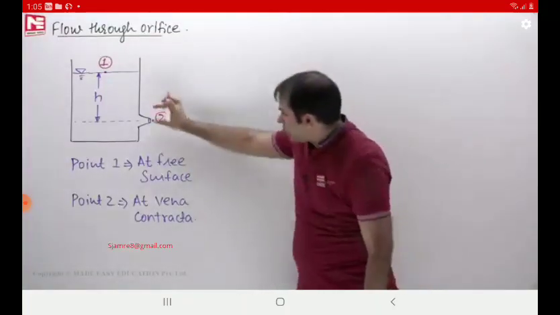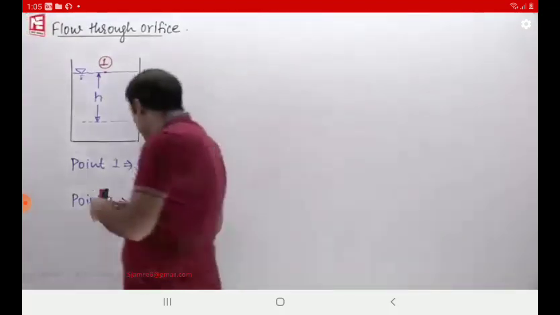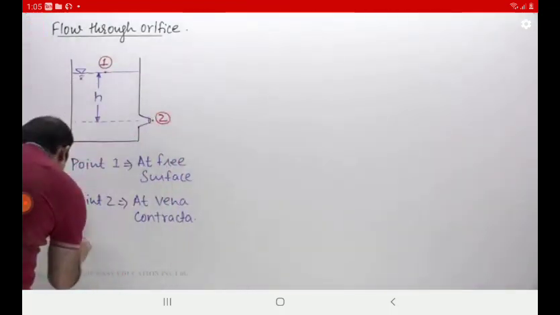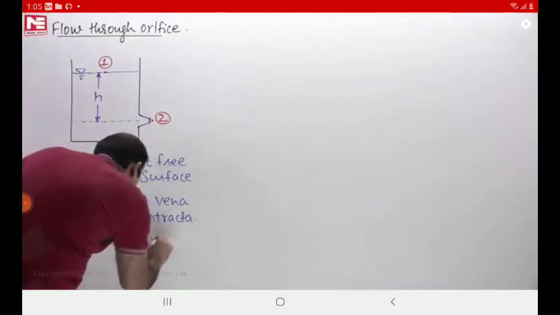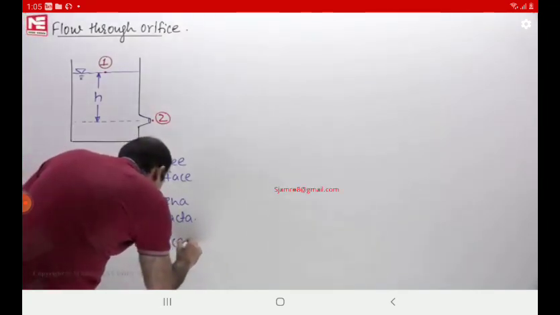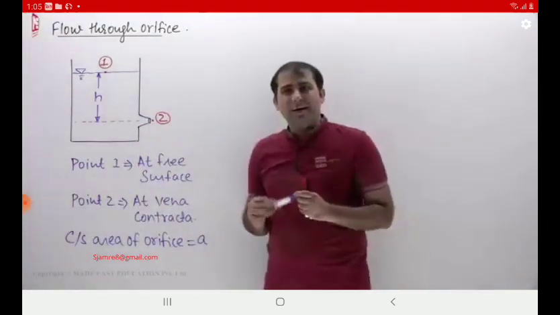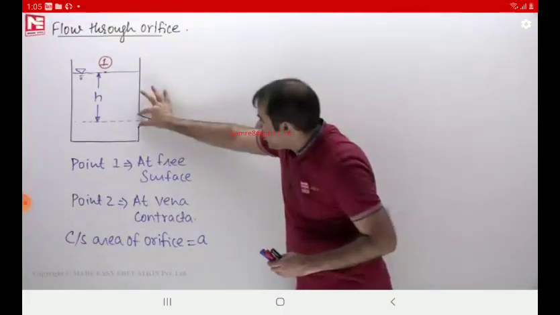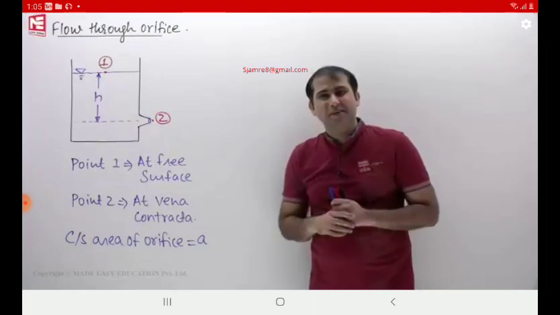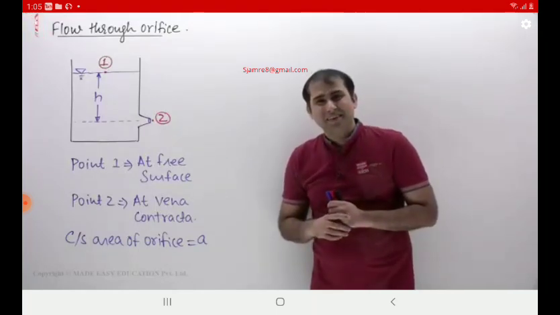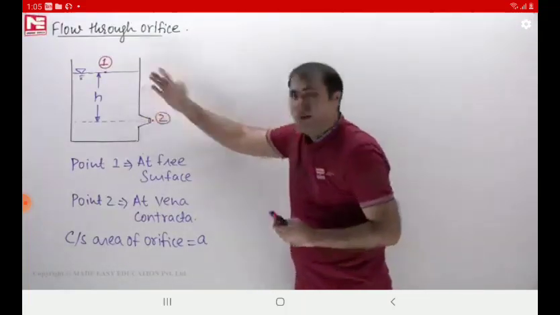I am going to say the cross-sectional area of the orifice is what? If this is the orifice, here the area is going to be reduced. So if you want the area at point 2, it is the orifice cross-sectional area multiplied by what?